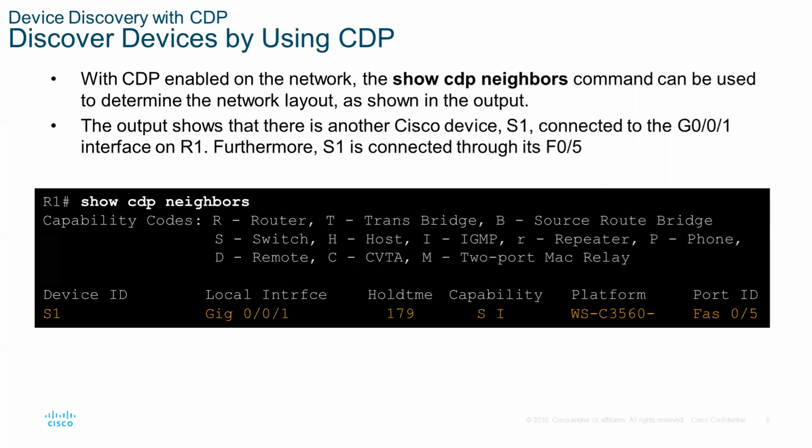So it is a switch, and it's a WS-C3560. And its local port is FastEthernet 0/5.